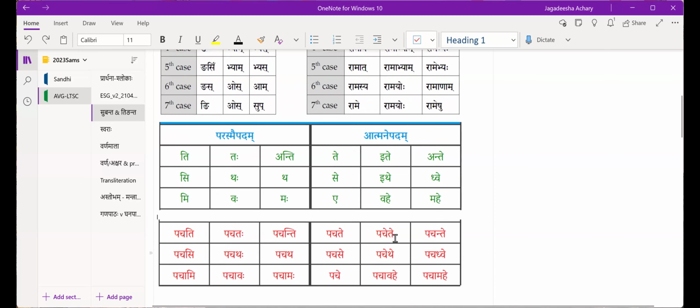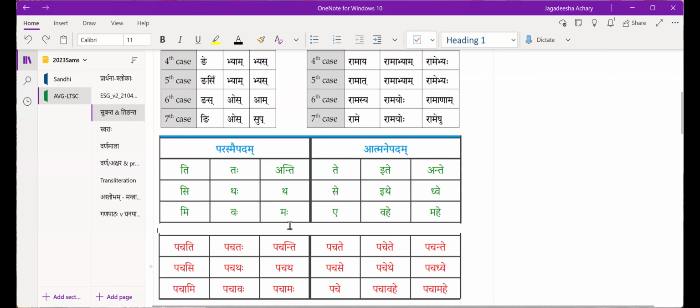Some dhatus are parasmaipadi, some dhatus are atmanepadi. There are a few dhatus, maybe about 14, which appear in both forms. Such dhatus are called ubhayapadis, because they have both parasmaipada and atmanepada forms.